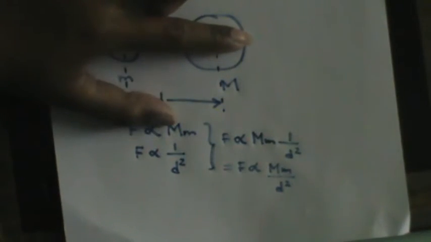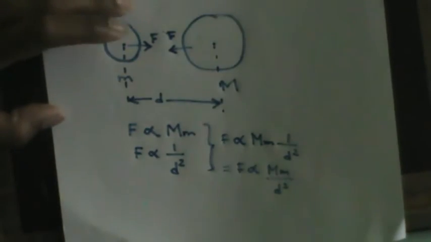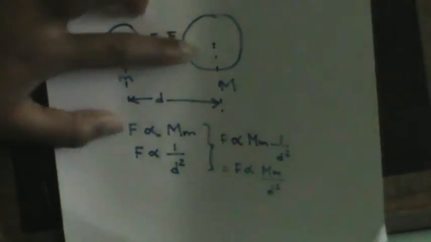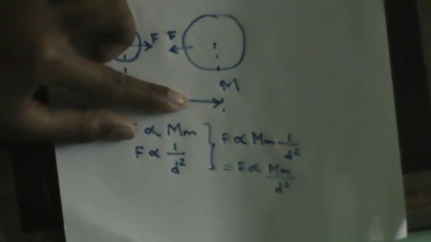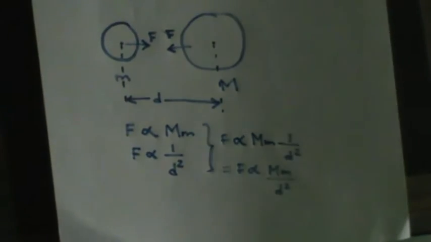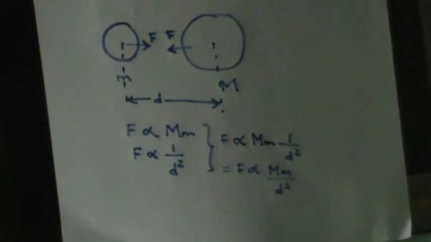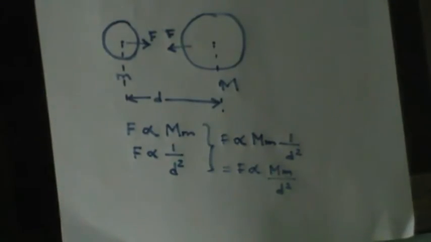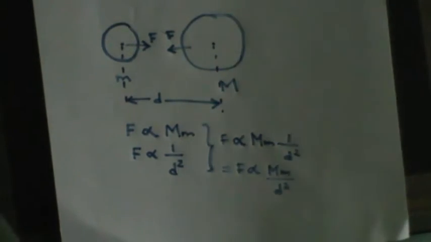Say this mass is 20 kilograms, this mass is 100 kilograms, and this distance is 5. And for another distance, if this mass is 8 kilograms, this mass is 60 kilograms, and the distance between these two is 75 centimeters, the value of the constant is the same on both of these occasions, not only for 2 occasions, 3 or 4 or even a million occasions. The value is the same, right?